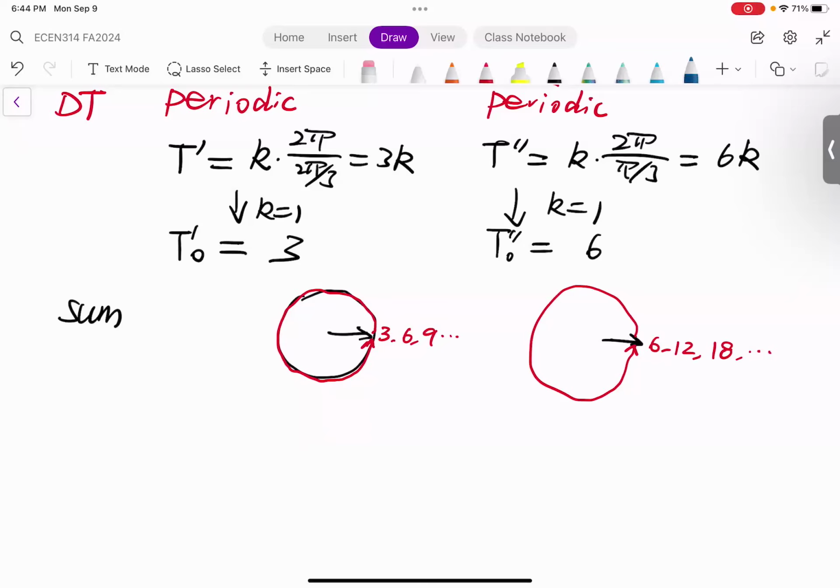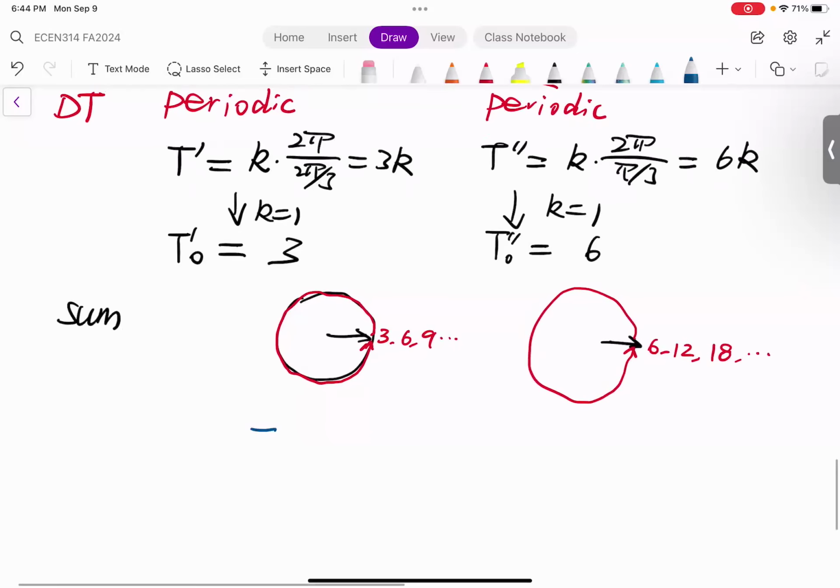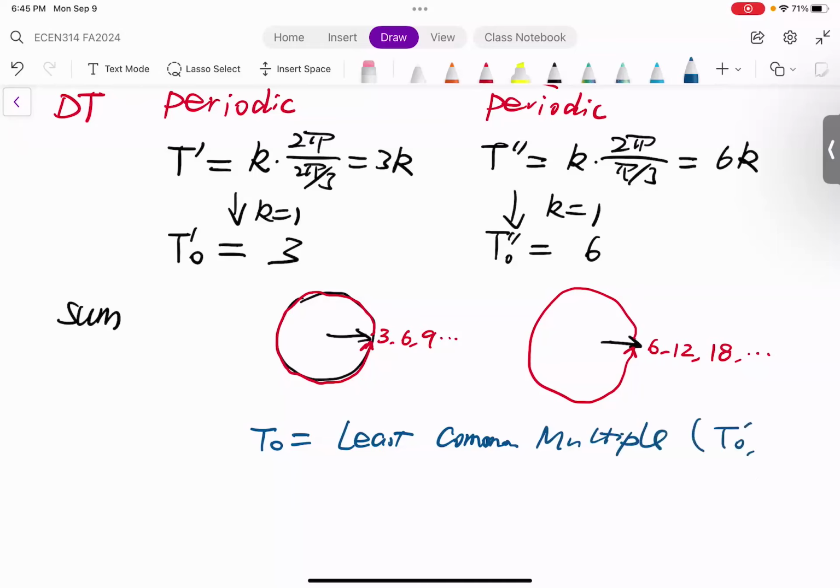But what is the smallest fundamental period? Well, in that case, we are looking at the least common multiple between these two. In this case, it is equal to the LCM of 3 and 6.